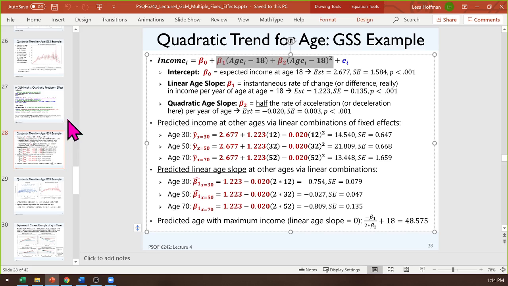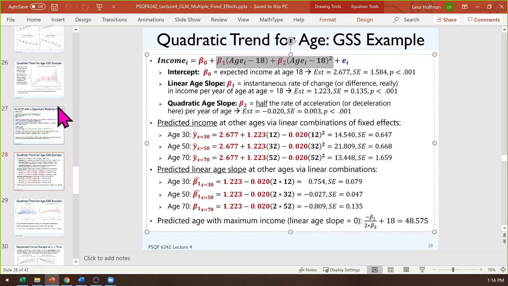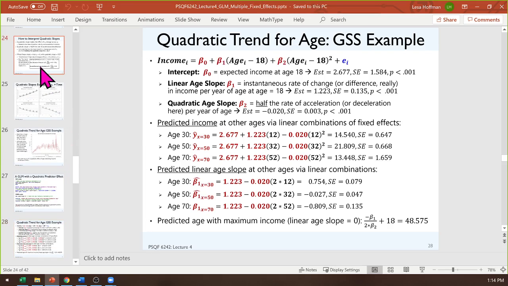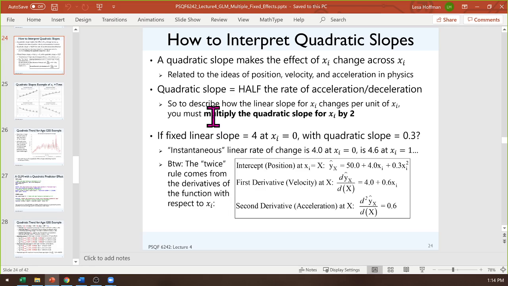What does the quadratic do to it? And one more thing, homework question. The quadratic slope needs to be multiplied by 2 to describe what happens to the linear slope as x increases. The actual quadratic coefficient is half the rate of acceleration or deceleration of the function in physics terms. So multiplying by 2 is the one thing that makes this tricky.